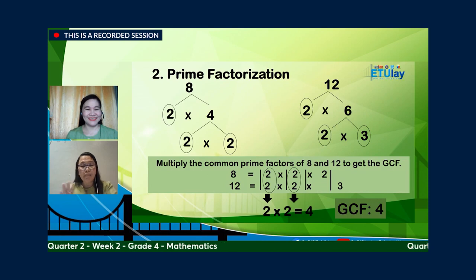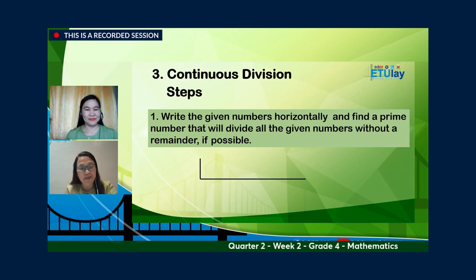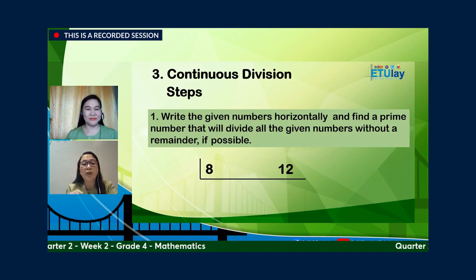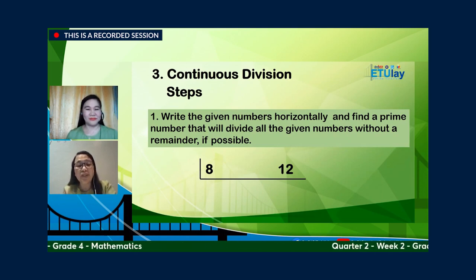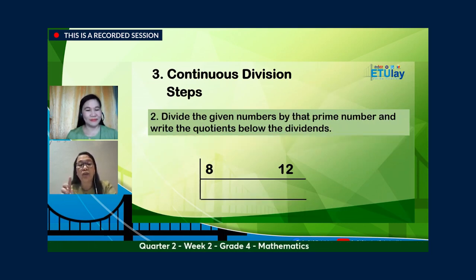Okay, next method. For continuous division, we're going to follow the steps. Write the given numbers horizontally and find a prime number that will divide all the given numbers without remainder, if possible. So for 8 and 12, we're going to divide it by 2.